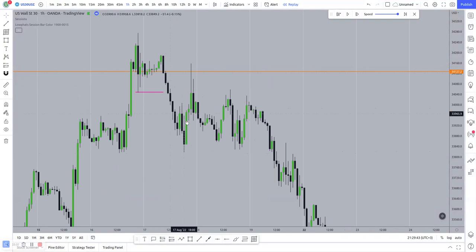And then if you go here and start looking for FVG, you will find an FVG here, an FVG in here, an FVG in here, an FVG in here. So which one are you going to use?